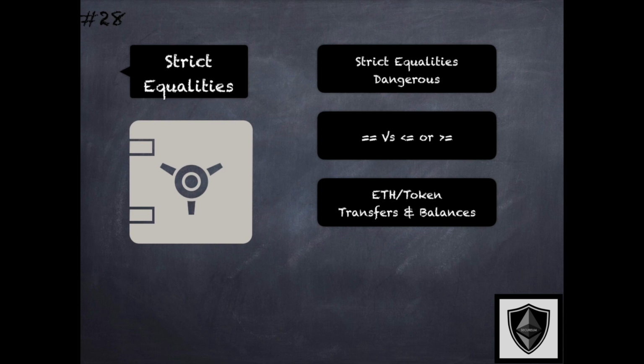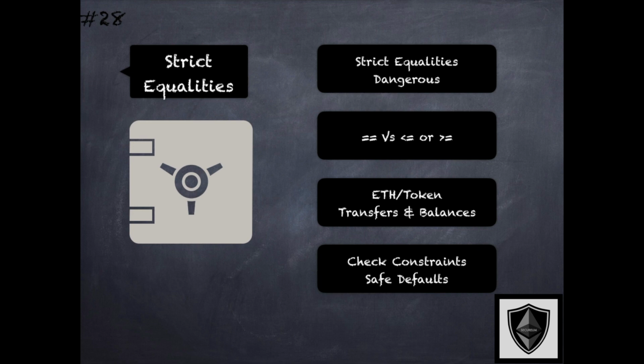Hence, the use of strict equalities with such operands and operations is considered dangerous because they could lead to failed checks. So the security best practice is to default to less stricter equalities and make sure that those constraints are satisfied as per the assumptions.